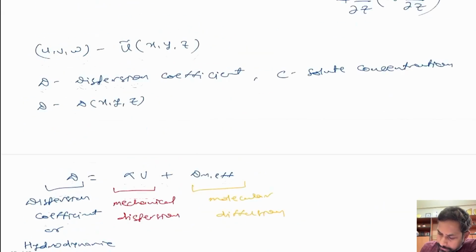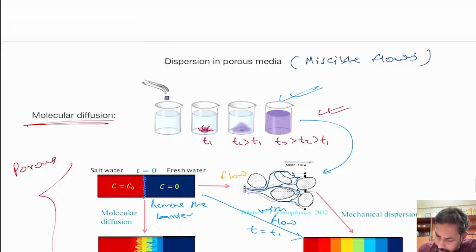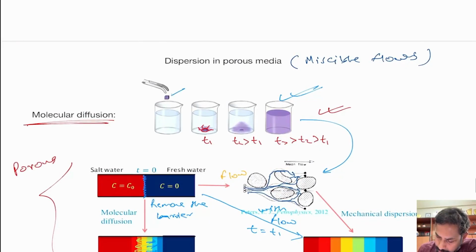So if you recall, in this particular case, when you add this sugar to salt, it will mix at a certain rate, right? And that rate will be based on the molecular diffusion coefficient. But now when you try to repeat this process in porous media, the same molecular diffusion coefficient may not work.